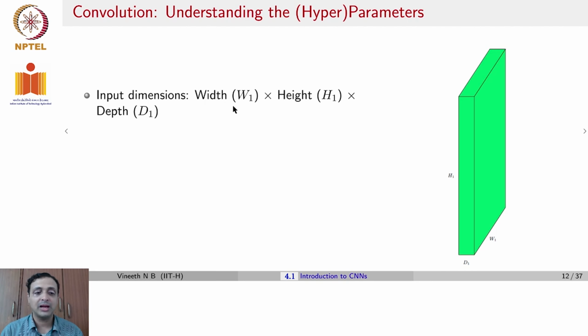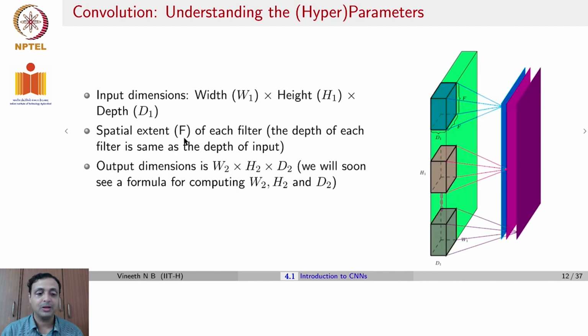Let's assume now that our input dimensions are W1 cross H1 cross D1, with width, height and depth, and the spatial extent F of each filter. The depth of each filter is the same as the depth of the input. So you have a spatial extent of F cross F, and the depth is the same as D1 because that's the depth of the input volume.